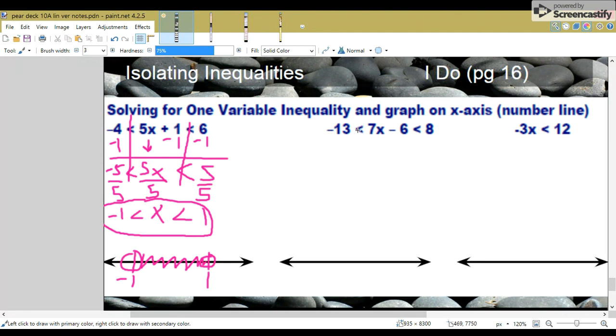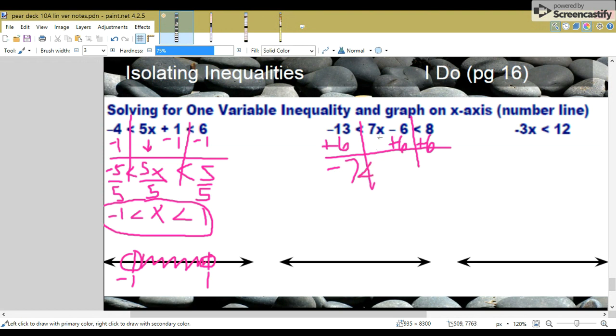Negative 13 is less than 7x minus 6 is less than 8. Let's isolate that x. So first we want to add the 6 to each side of the relation. Negative 13 plus 6 is negative 7.